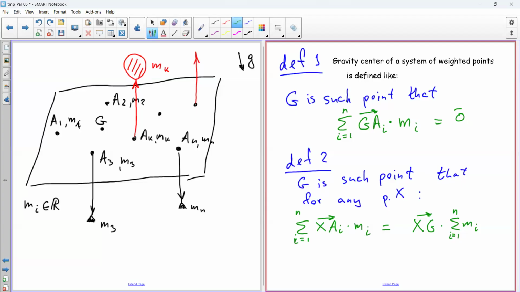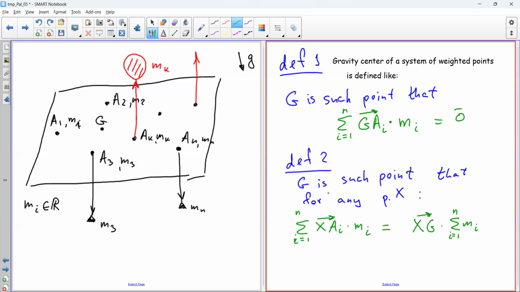So we will have some technical statements in the home task, which would be theorems. First of all, that these two definitions would be equivalent, probably with some limitations, like for masses greater than 0, or for masses so that the total of masses is not equal to 0.